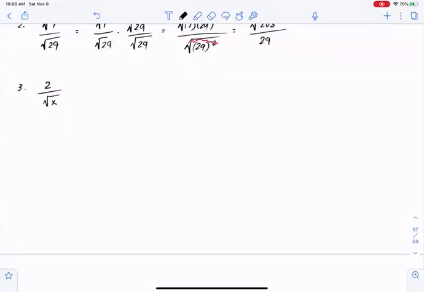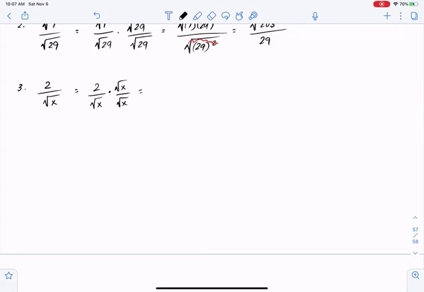So we want to rationalize the denominator. So we are going to multiply and divide by the radical expression in the denominator.